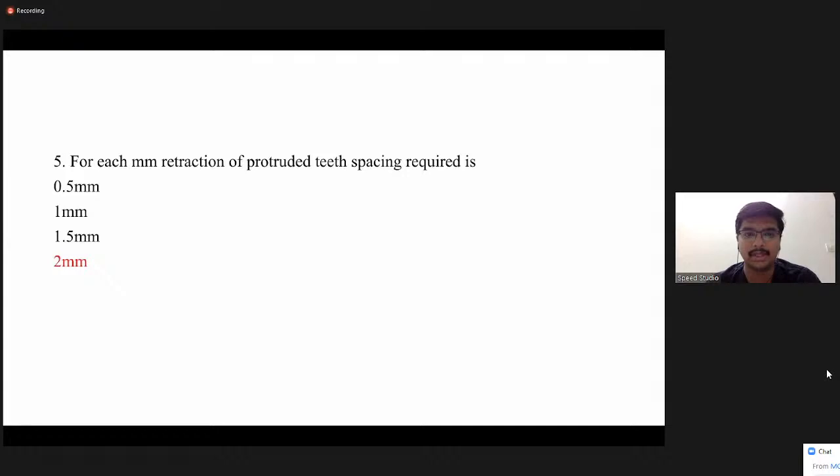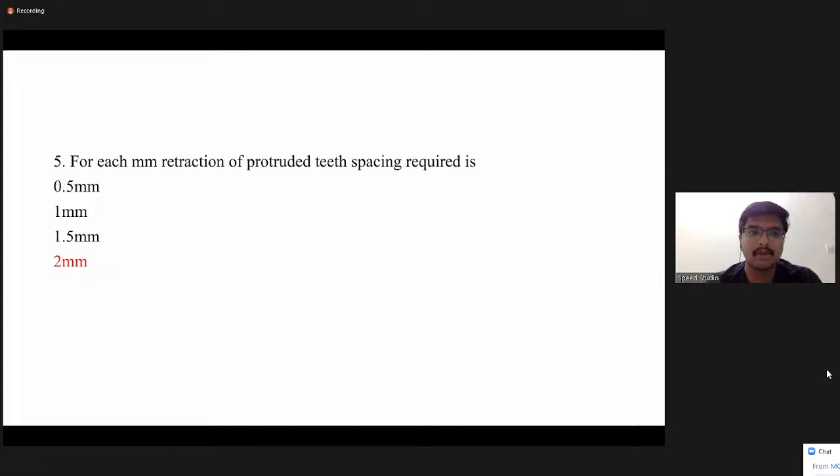So if an incisor is going to be retracted by 1 degree, what is the equivalent linear measurement required for that retraction of 1 degree? The answer will be 0.8 mm. That means for 1 degree of retraction, you will require 0.8 millimeter of space. These are the 2 types of questions that can be related to numbers.